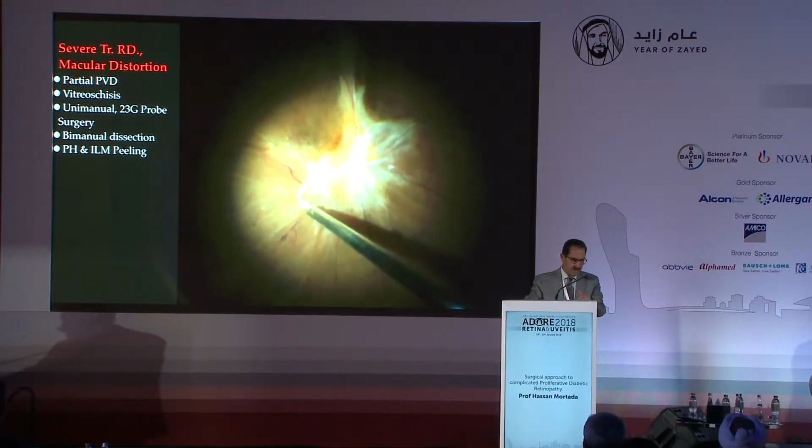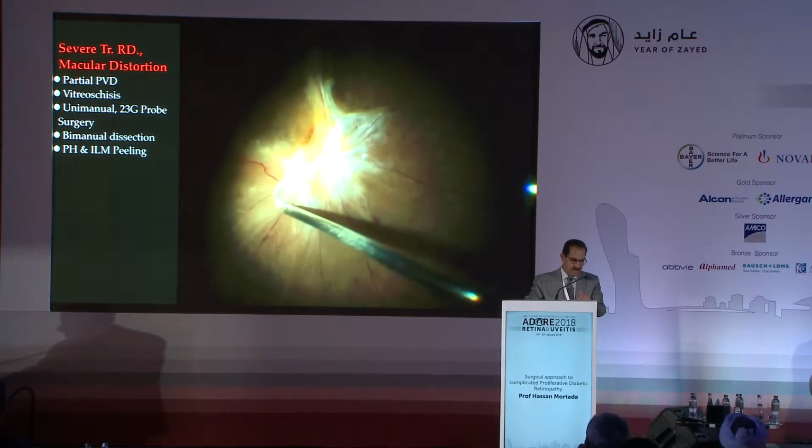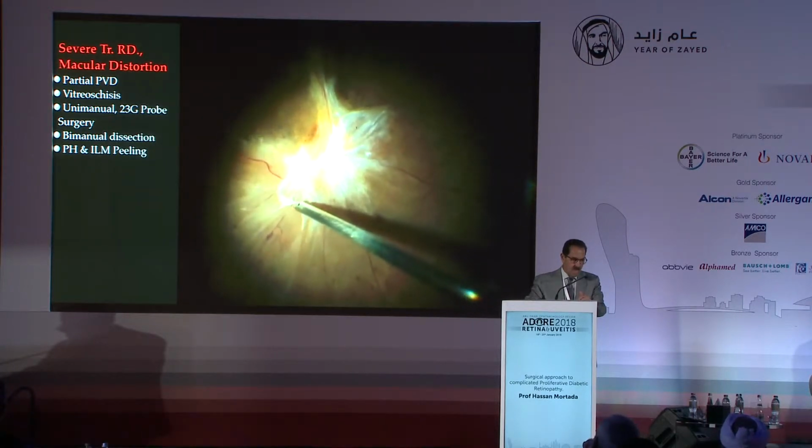This is a case of severe traction retinal detachment. Also, the probe is used at the beginning in order to elevate the planes, discover the cleavage planes, and remove the fibrovascular tissue, going in between the retinal folds, trying to elevate the fibrovascular tissue away from the retina.